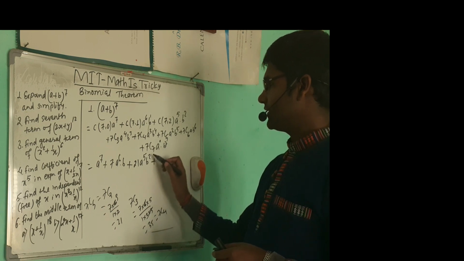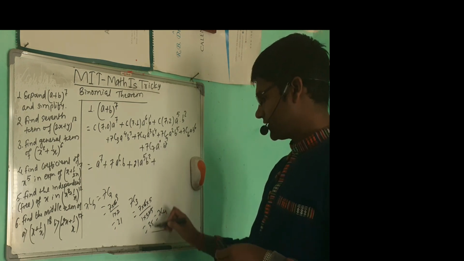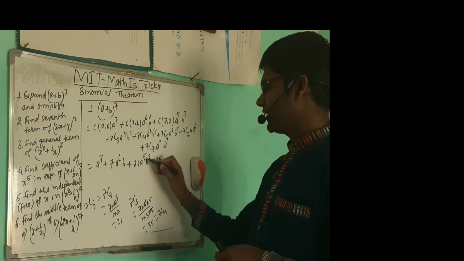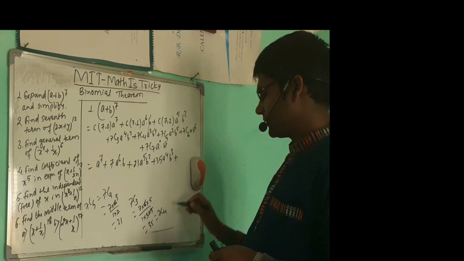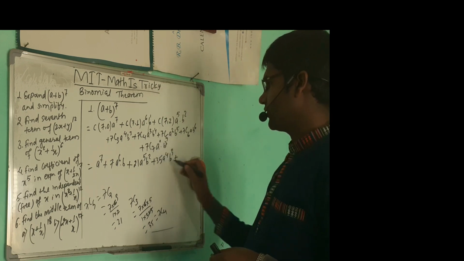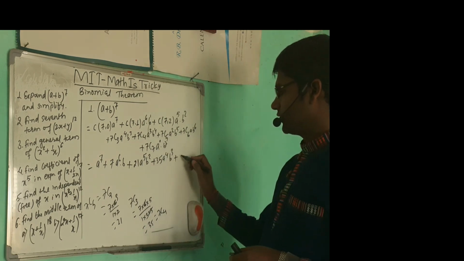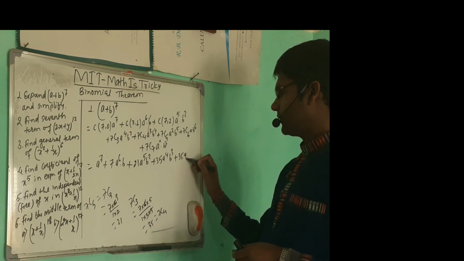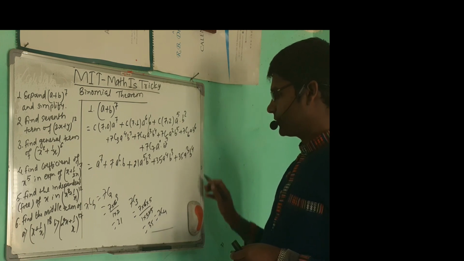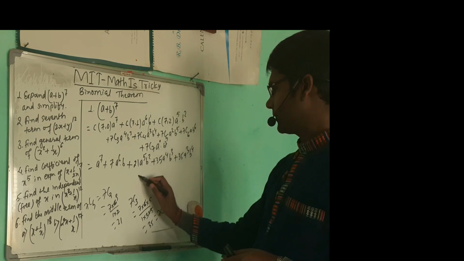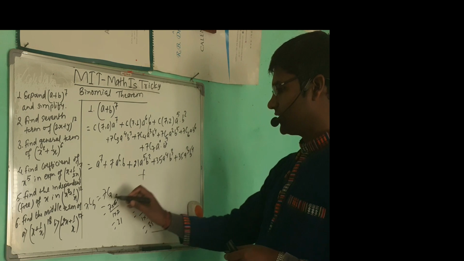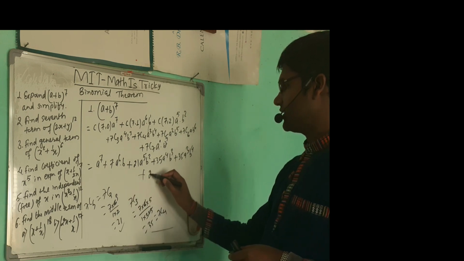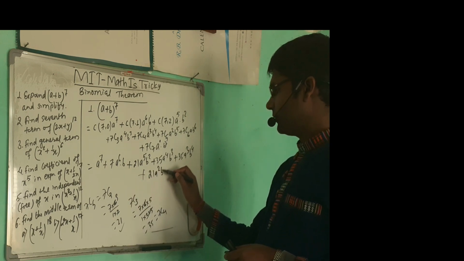Now 7c3 means 35 a power 4 b power 3, plus 7c4, as I told you, is simply 35 a power 3 b power 4, and then plus 7c5, which is already given here as 21, so 21 a power 2 b power 5.